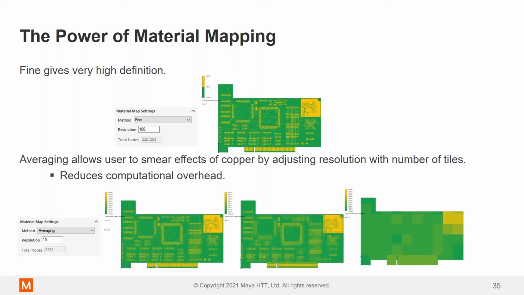The purpose of this is to reduce calculation time, because there is a bit of overhead when using material mapping. So again, you're not restricted to that very fine resolution. You can control it and create a good enough representation of the PCB. Maybe this central resolution of the PCB will give you 95% of the results of this ultra fine one, but in a tenth of the solve time. I think that's a good trade-off. And again, that's something you need to play with and understand the sensitivity of the modeling when it comes to component and PCB level. Next slide, please.